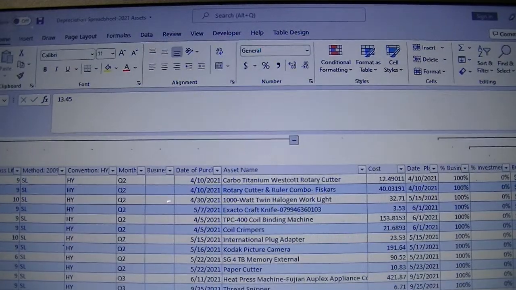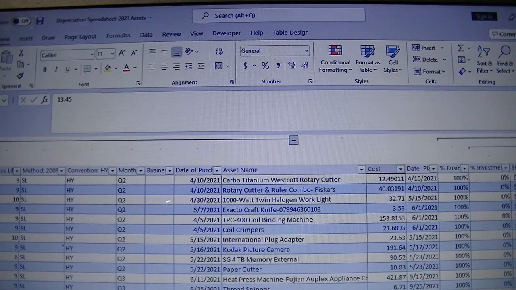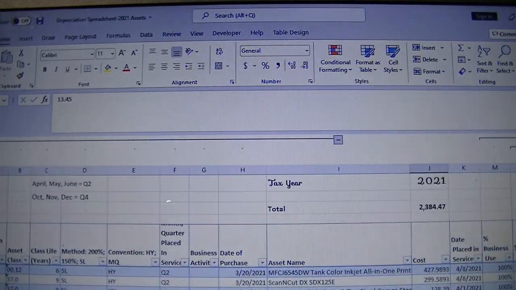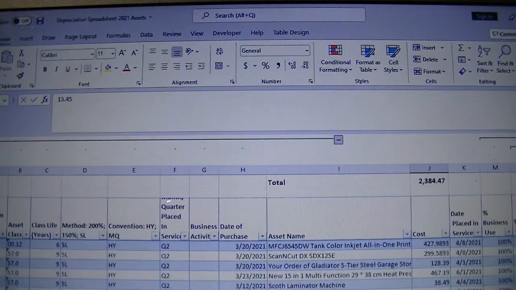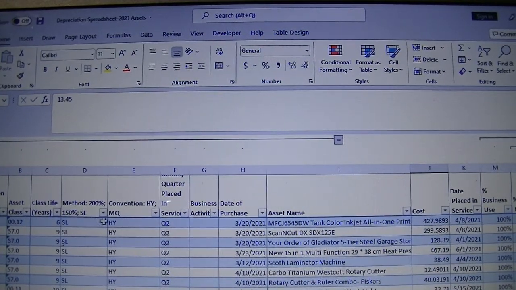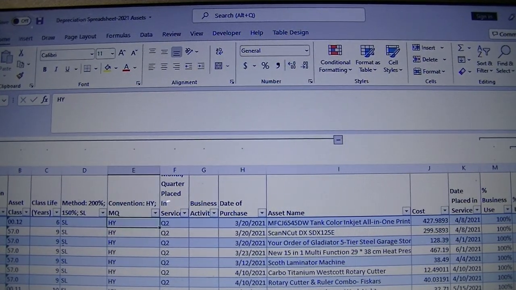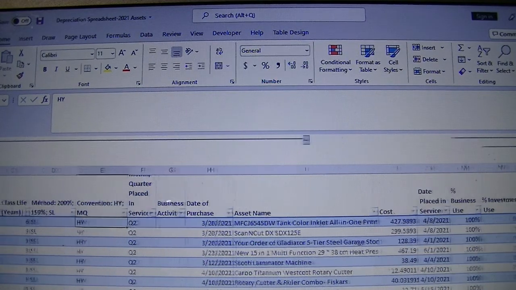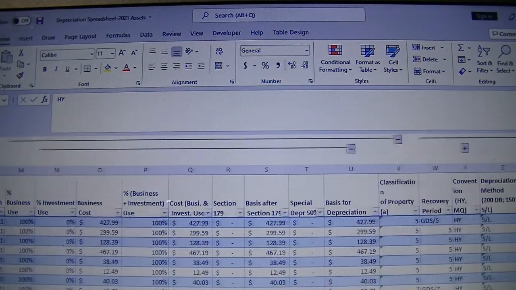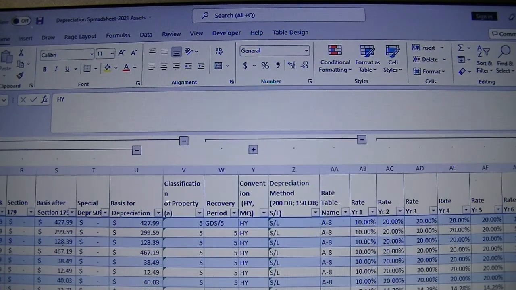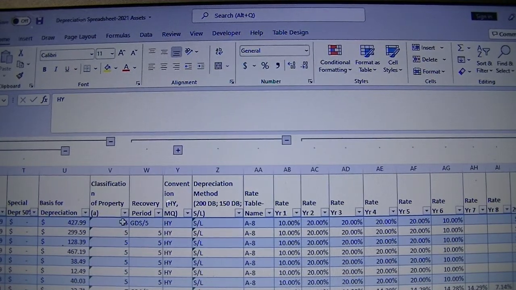So we will go back to the spreadsheet and we will complete it. For that first asset, we are going to use straight line, so we'll add that it is half year. Those two things, we will add them, and we'll go to the right, and we have the recovery period.